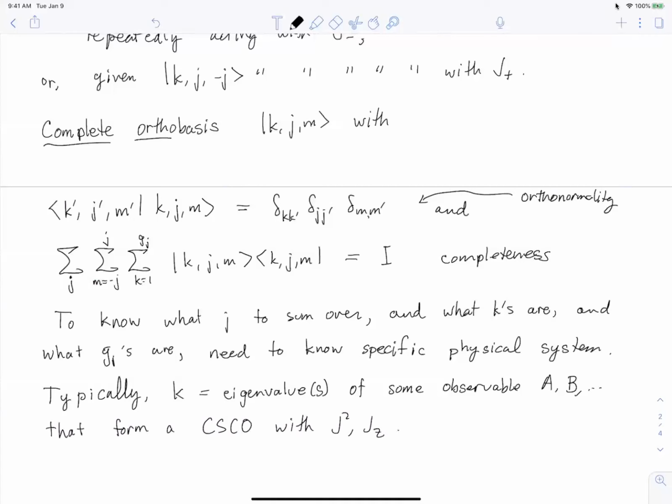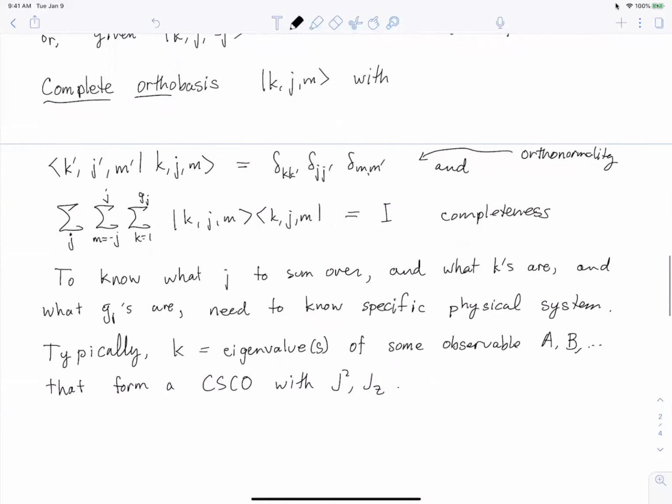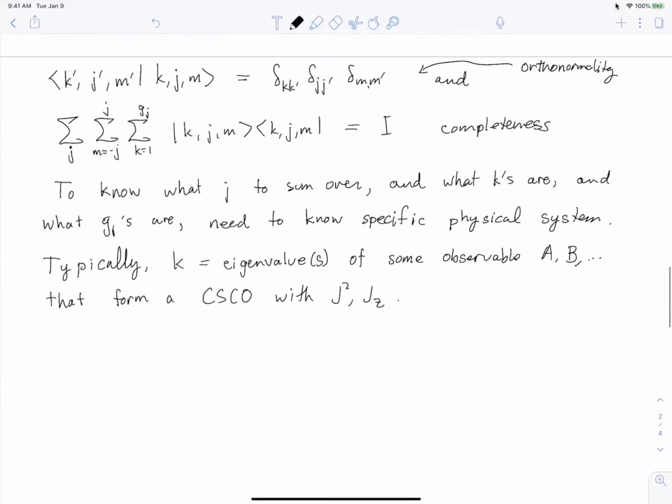In most problems that we can all actually solve, it's going to turn out k corresponds to the energy. And those correspond to systems that are invariant under rotations, like the 3D harmonic oscillator.